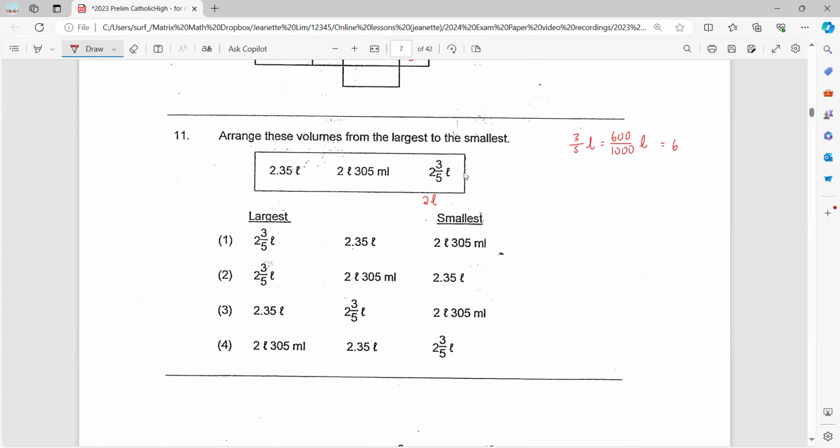So this is actually 600 ml. Then this is 2 liters, 350 ml. Largest, the one with 600 ml. So 2 and 3/5 is the largest, not this, not this. Next followed by this 350. So 2.35 next. So option 1.